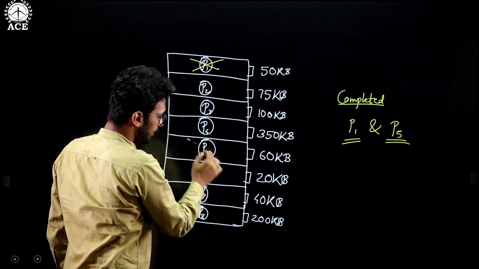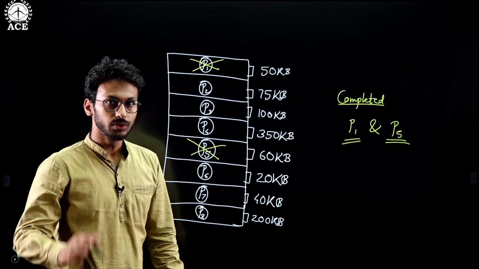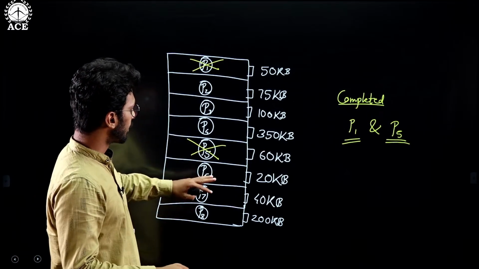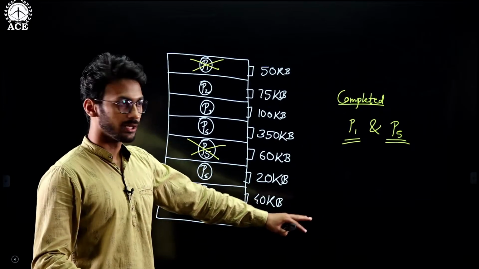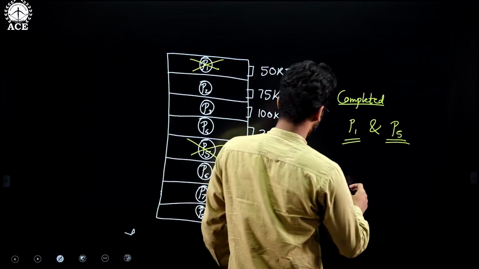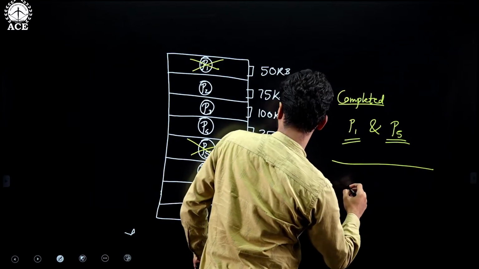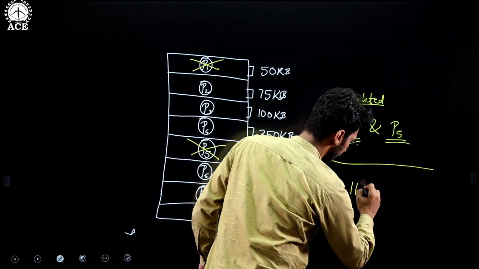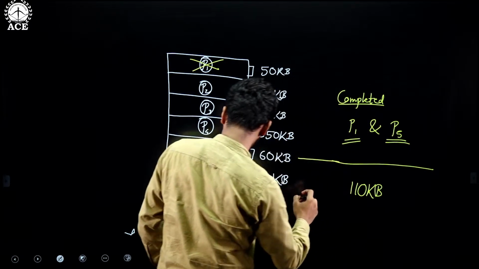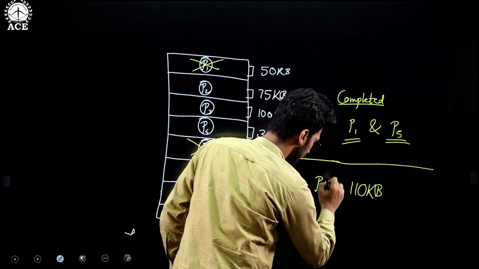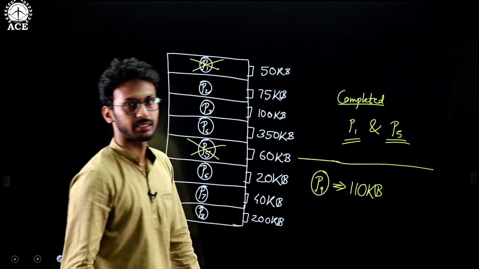Are you getting it? Now you tell me, if another process comes with a request of, let's say, 50 plus 60, what is it? 110 KB. So let's say process P9 came, whose size is 110 KB.